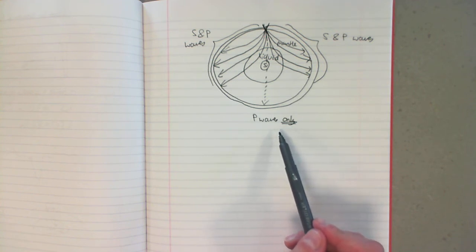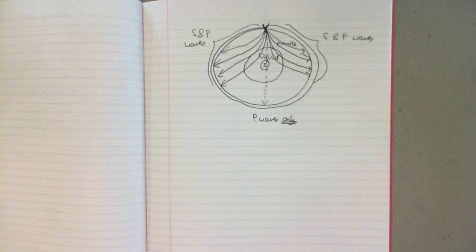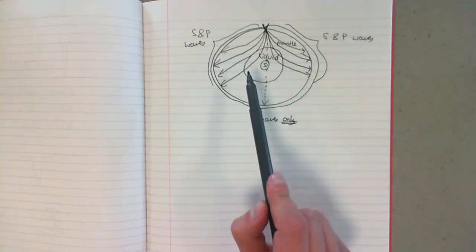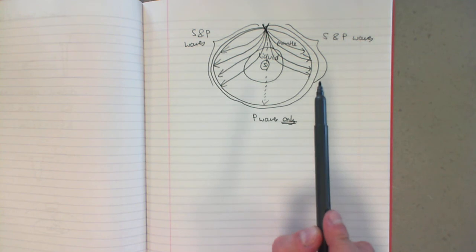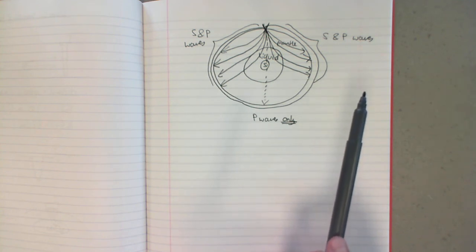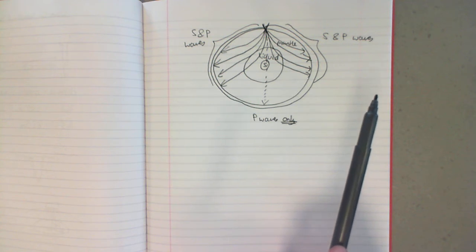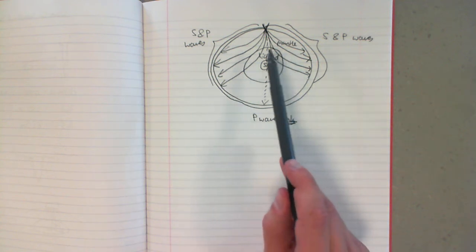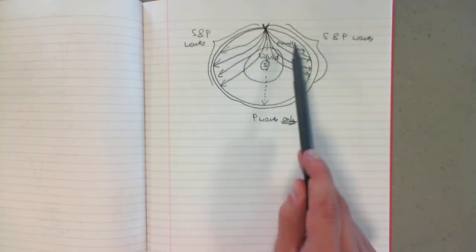How do we use this to describe the structure of the Earth? Well, because S waves can only travel through solids, and they're slower, we know that the mantle is in effect solid.